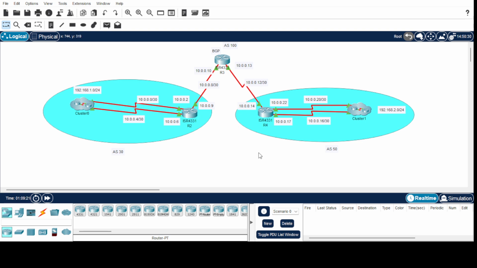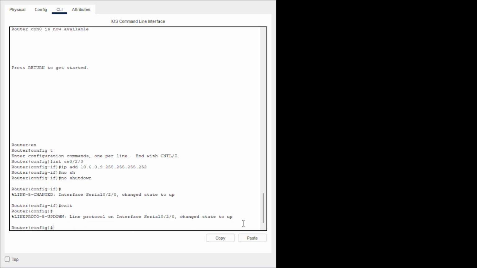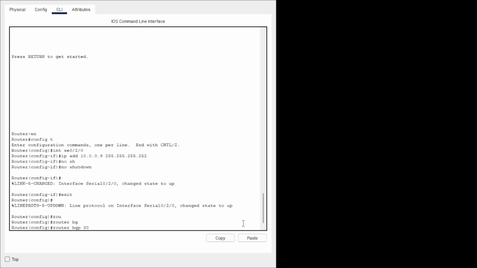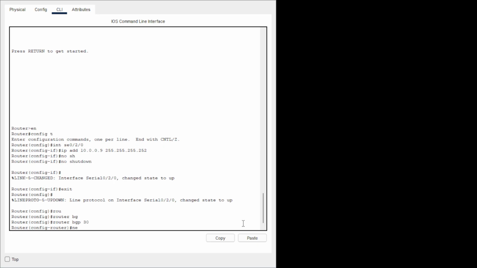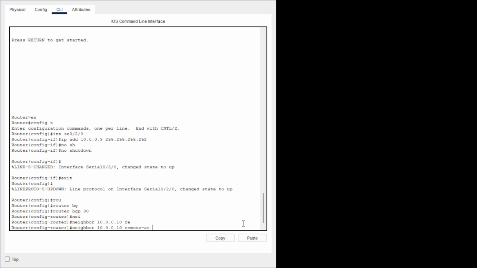So let's go to router number 2 first. Here router BGP with ASN number 30, neighbor as 10.0.0.10 with remote ASN of 100.